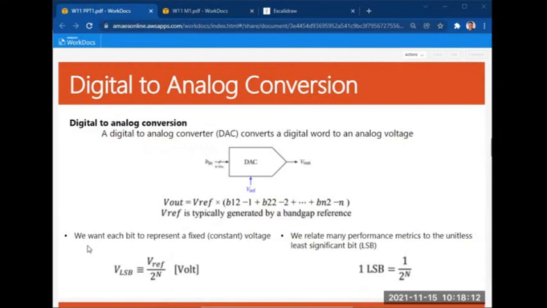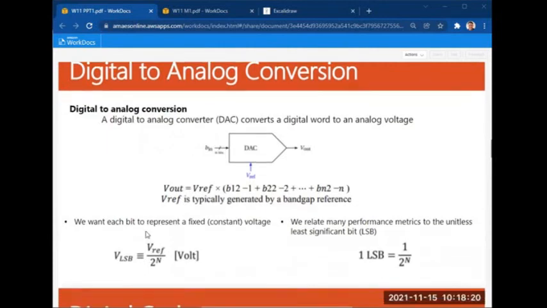We want each bit to represent a fixed voltage. LSB means least significant bit, if you're still familiar with it. The voltage of the least significant bit is the reference voltage over 2 raised to n, where n is the number of bits, or the resolution.